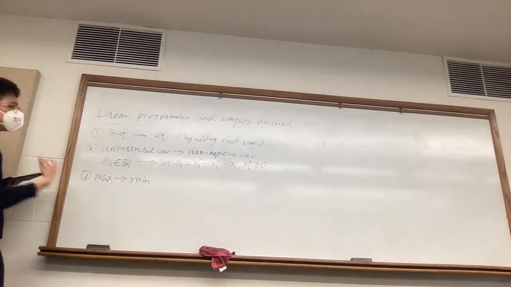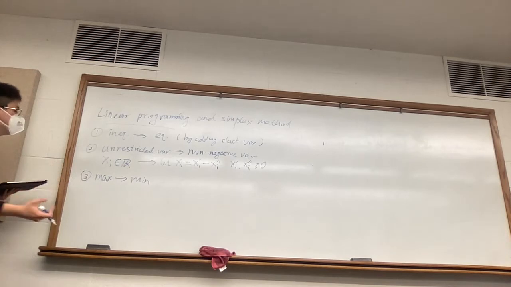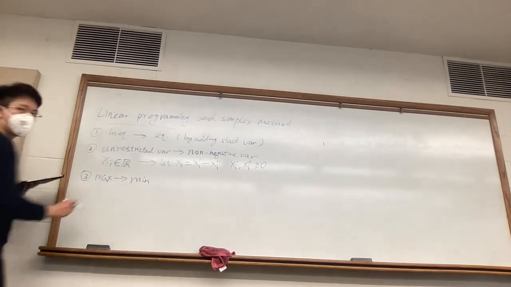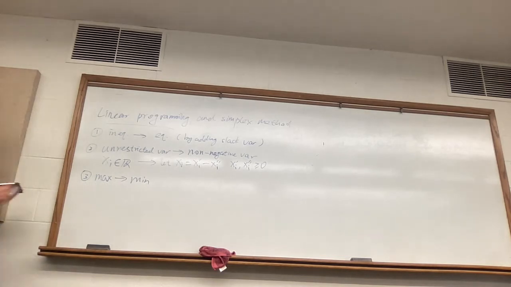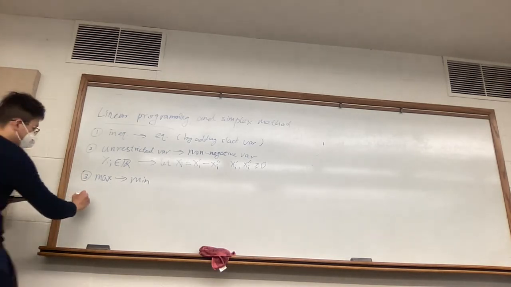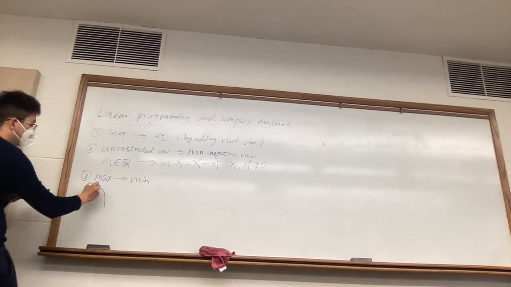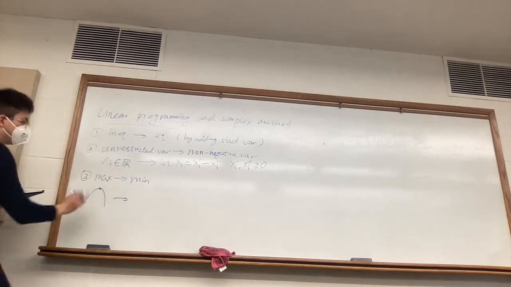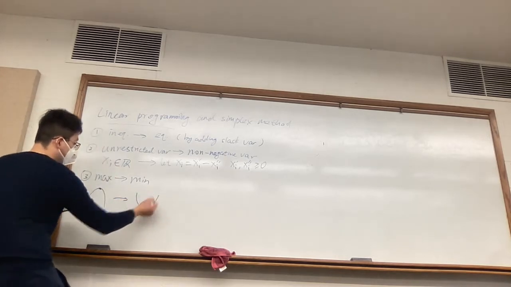But in some problems, it may ask you to maximize something. So an easy way to transform from maximization to minimization is just to take the negative. Let's say this is your function, and you may need to find this maximum. Then what you do is just to take the negative. So it becomes like this.